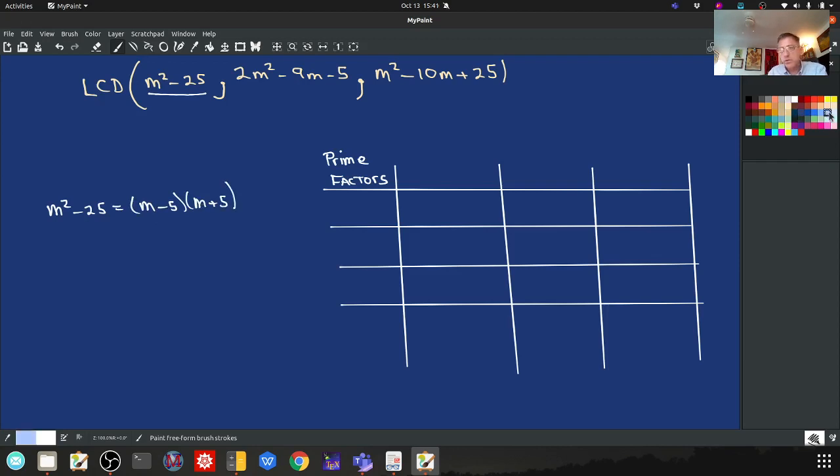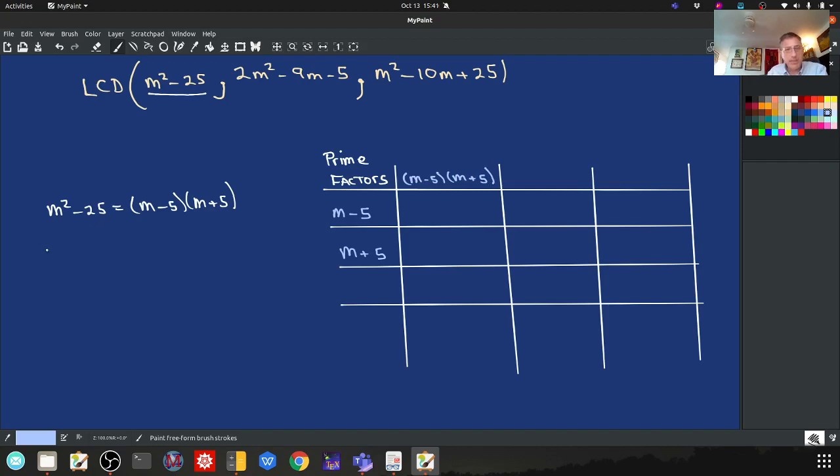So I'm going to put m minus 5 as a prime factor and an m plus 5 right here. And I'm actually going to express my first denominator in its factored form, m minus 5 times m plus 5. You'll want to do that when we add these. There are going to be plenty of examples.